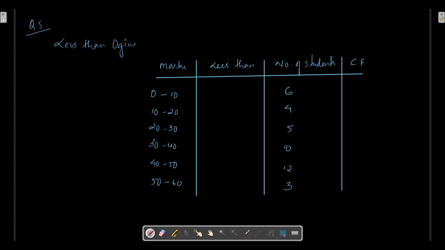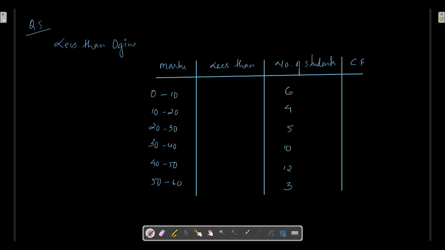So the first one, these are the frequency. If you look into the textbook, question number 5, page number 221, on the less than and more than basis, the class intervals are 0 to 10, 10 to 20, 20 to 30, 30 to 40, 40 to 50, and 50 to 60. When we talk about less than, we have to mostly focus on the upper limit.